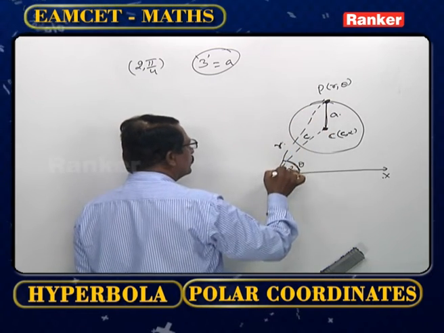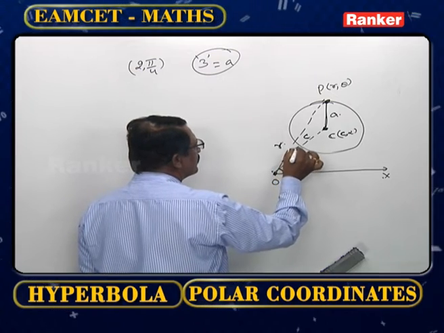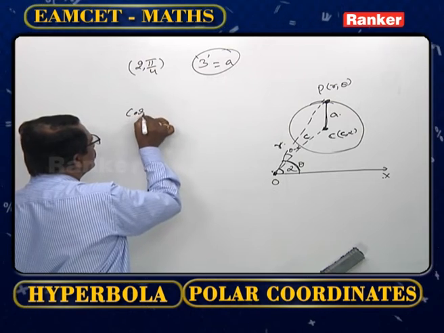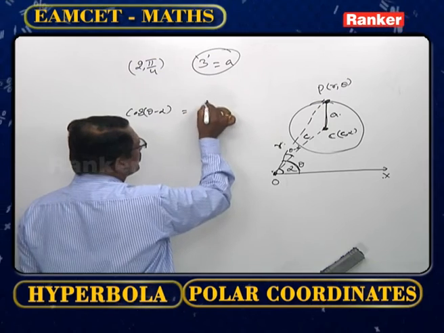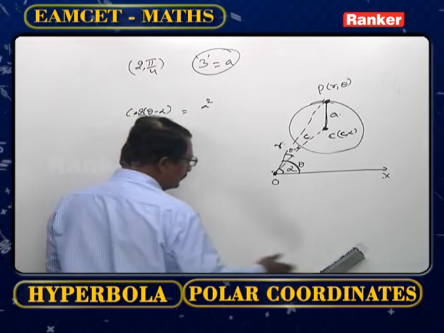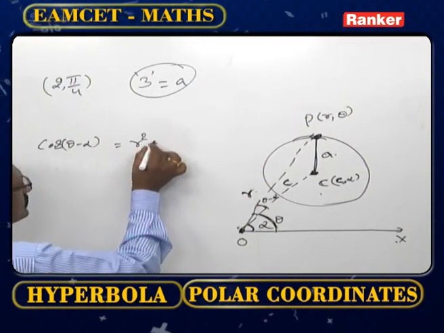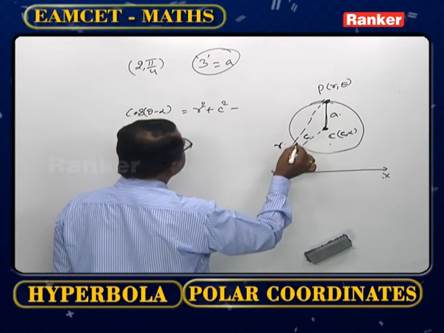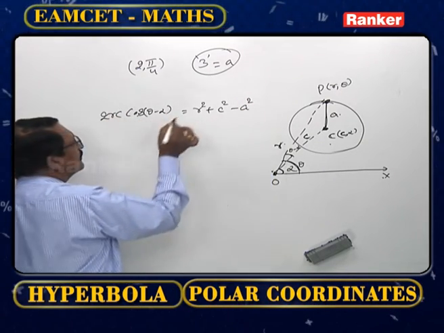Then in triangle OPC, angle O equals theta minus alpha.